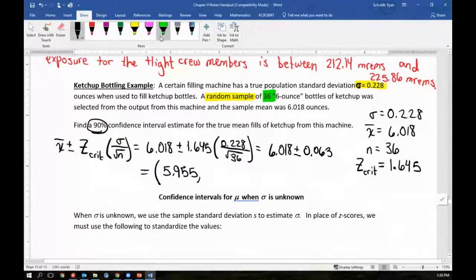That's 6.018 minus 0.063. I'm sorry. And when I do 6.018 plus 0.063, what would I get? 6.081. Good.